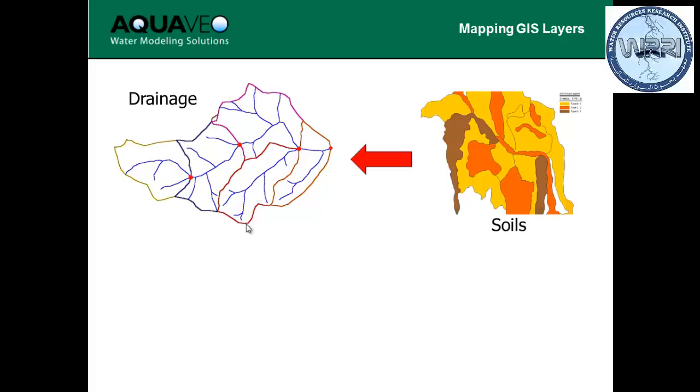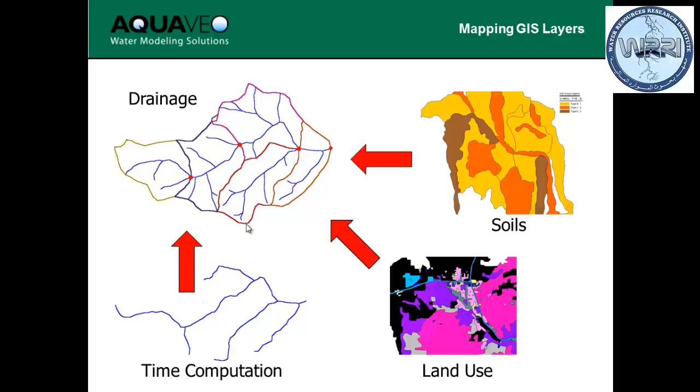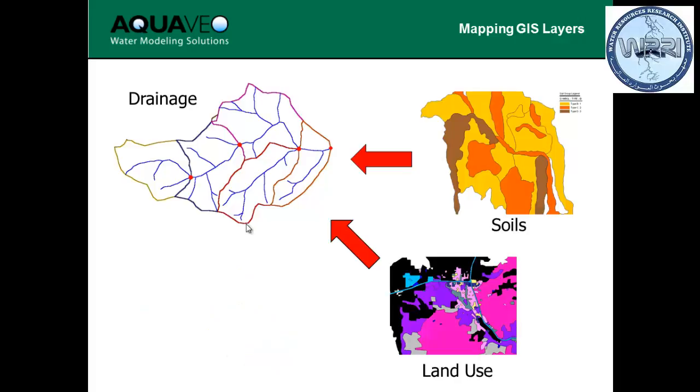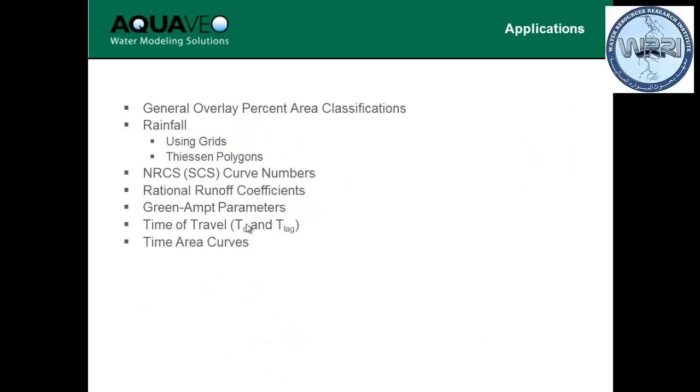Other coverages you need are a soils coverage, a land use coverage, and a time computation coverage. The soil and land use coverages are used for computing your watershed curve number. The time computation coverage is used for computing the time of concentration or the lag time.